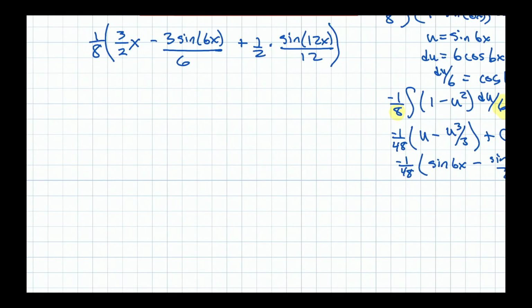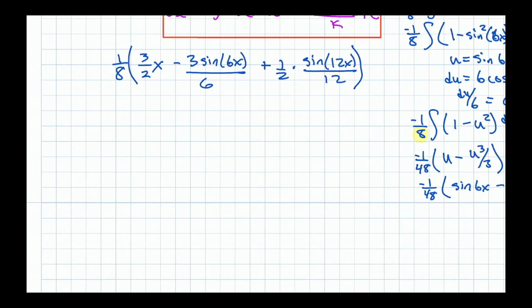So what's our answer? So what our answer is going to be is if I take this 8 and I just kind of distribute it through here, we're going to get 3 over 16x. Then we're going to get minus 3 sine 6x over 6, over 48, which can be simplified, but I'm not yet.